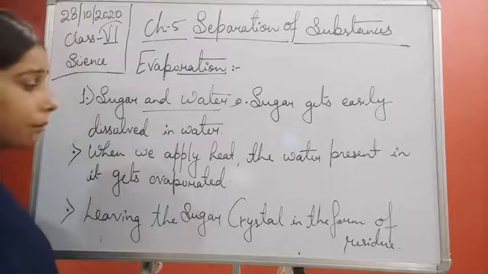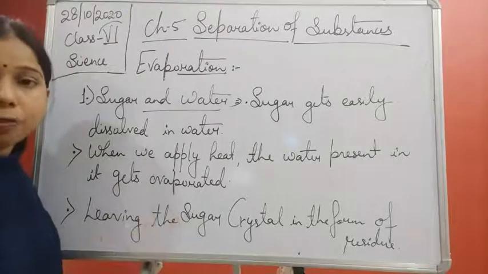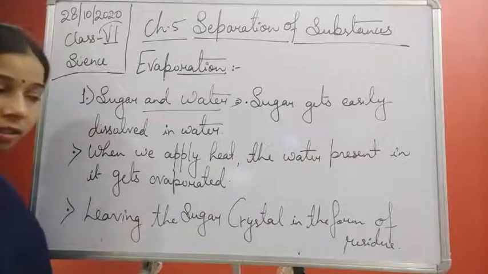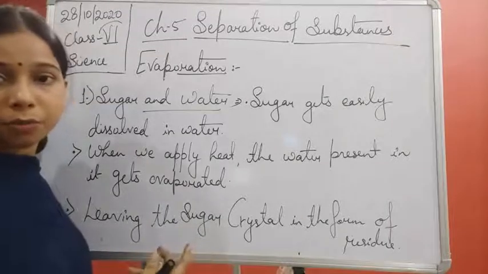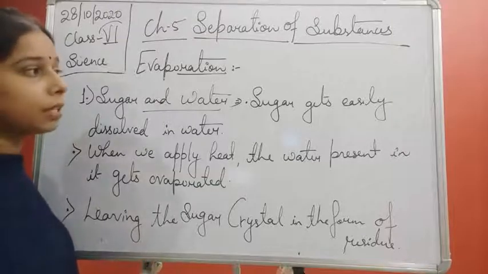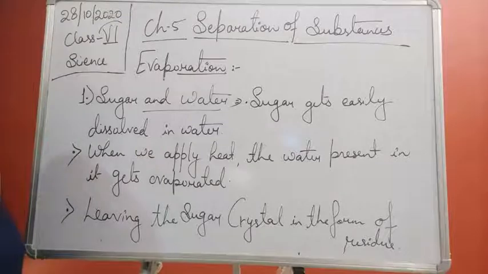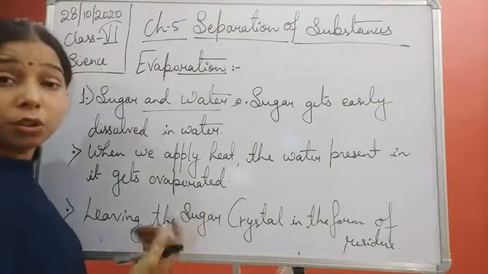By applying heat, the water will evaporate in the form of water vapor, leaving behind the sugar crystals in the form of a residue. We will call it a residue. Okay, so this is the first example, students, by which we can see how the process of evaporation is used.